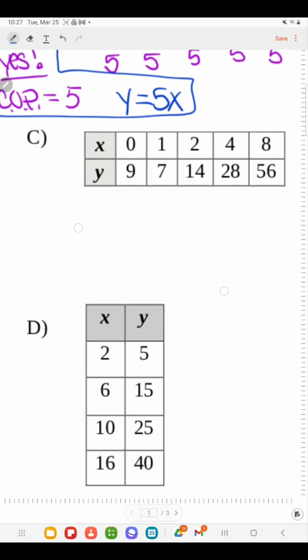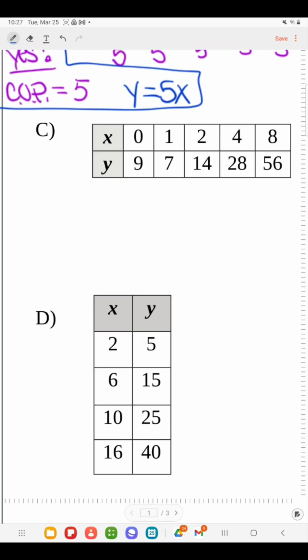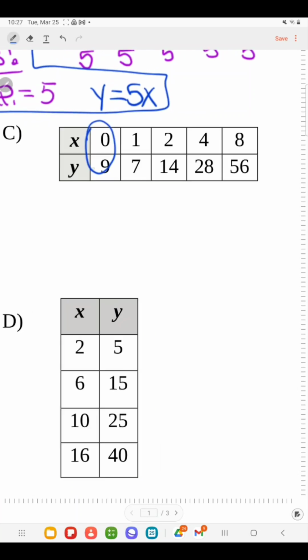Letter C. 0, 9 right there should be a little bit of a giveaway for you. If it's not, because remember the point that should go with 0 for these to be a direct variation or proportional relationship would be 0, because it has to be the origin point. But if it's not, you can still calculate your y over x. 7 over 1, that's 7.